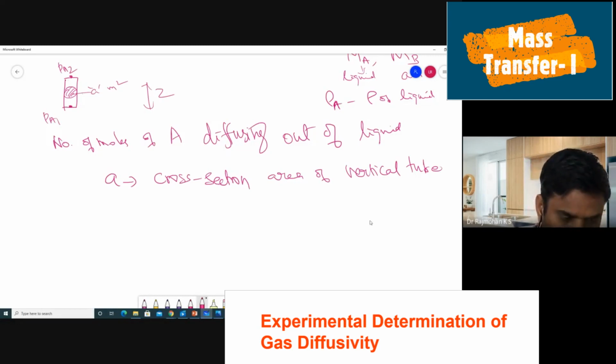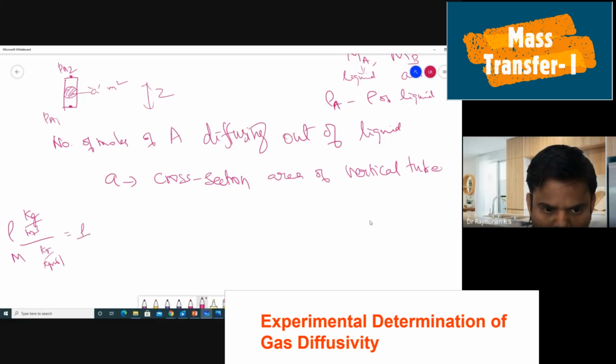So how can you write the number of moles? What is the unit of density? It is kg per meter cube. If I divide it by molecular weight, what do I get? Kg per kg mole. So rho A by MA has the unit of kg mole per meter cube. If I multiply by dz by dt, the change with respect to time, and the cross section area A, what do you get?